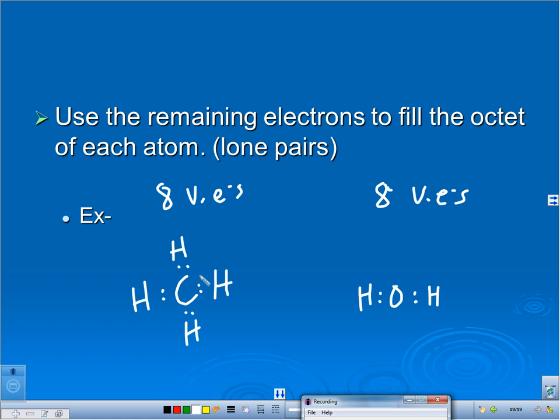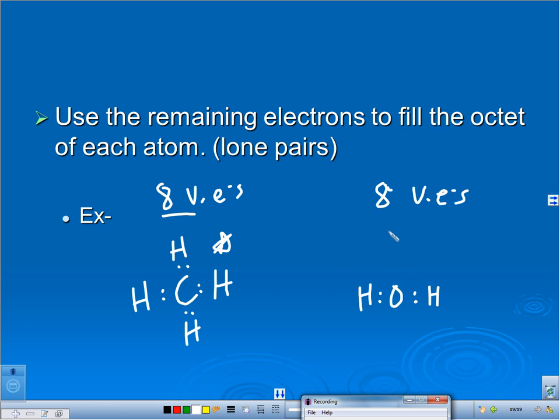Well, in the case of methane, we already are using 8. The hydrogen is already stable because it has 2, because it's now like helium. And carbon has 8 around it, which most atoms will need according to the octet rule. So everything's stable here, and we equal 8 valence electrons that we counted in the beginning, so we're good. This Lewis structure is done.